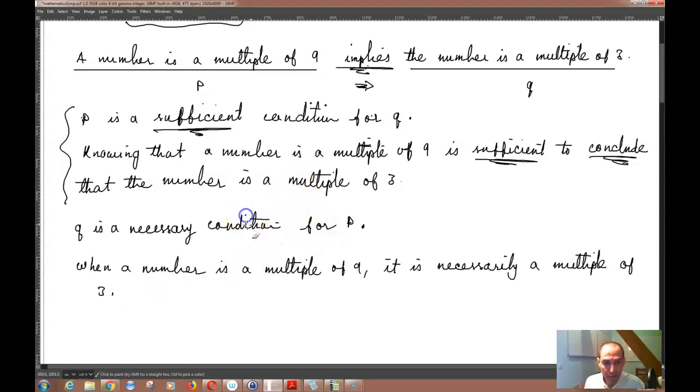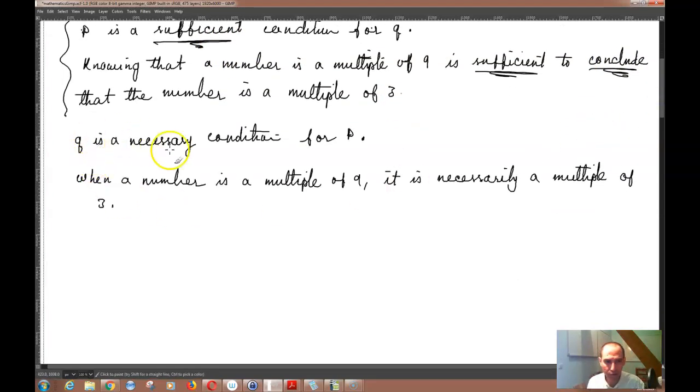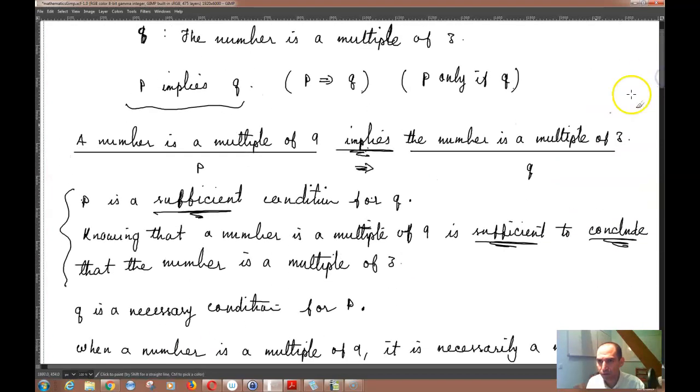So this means that Q is a necessary condition for P. And of course, what that also means, which is not very relevant or important here, is not Q implies not P. This means that if the number is not a multiple of 3, if not Q is true, then the number is not a multiple of 9.